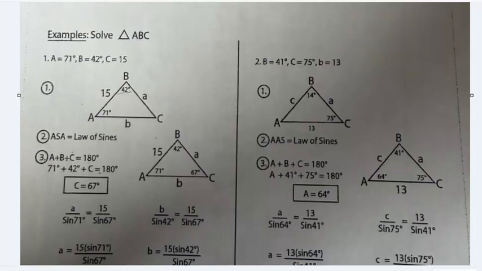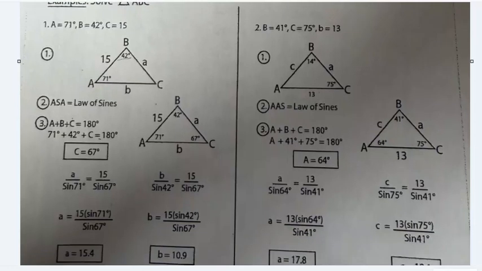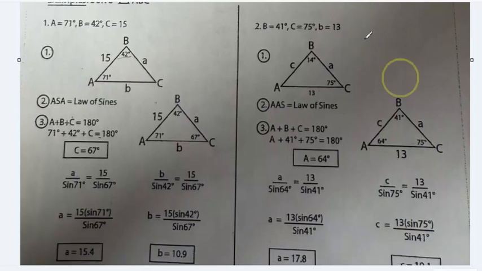Then again, your example is the same thing over here, to where I have an angle and a side, so I can use law of sines. I can find my third angle automatically, and then pop everything in, A, which is what we're looking for, over the sine of 64, 13 over the sine of 41.